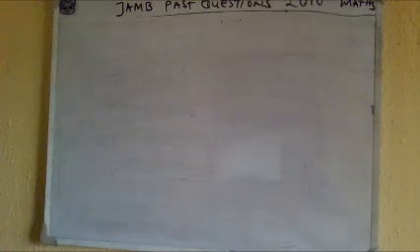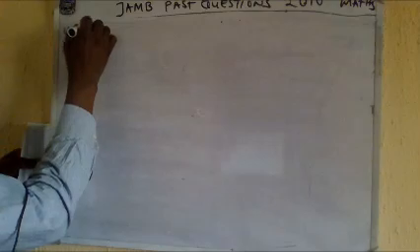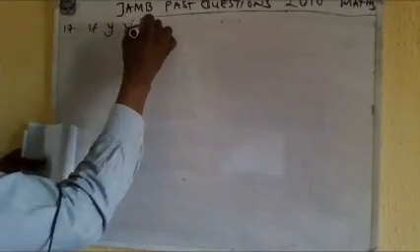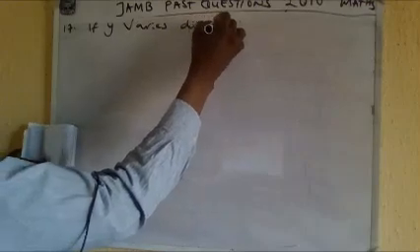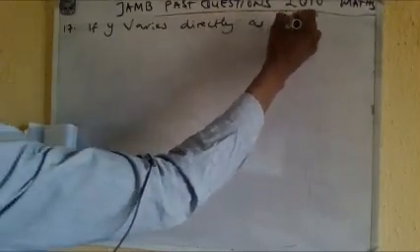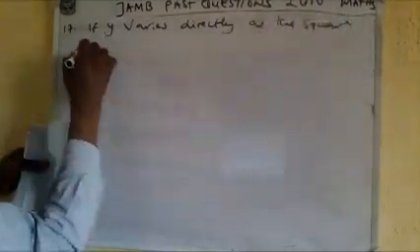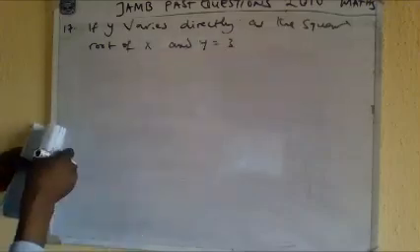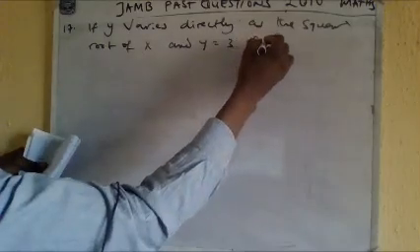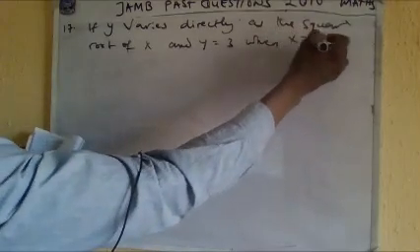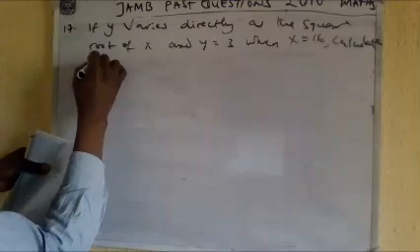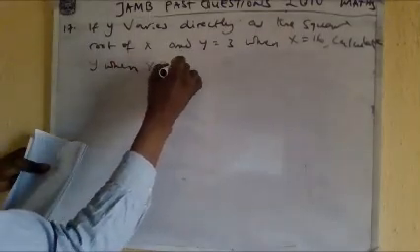So for the last one, question 17, it says: if y varies directly as the square root of x, and y is equal to 3 when x is equal to 16, calculate y when x is equal to 64.